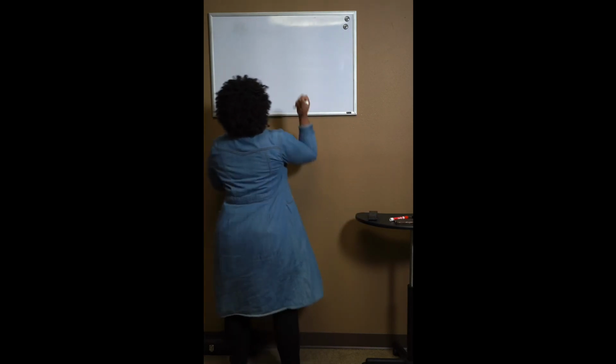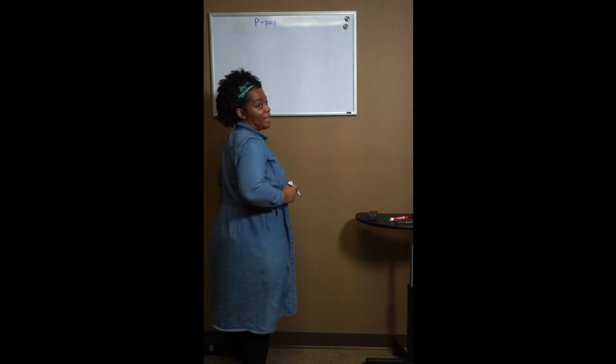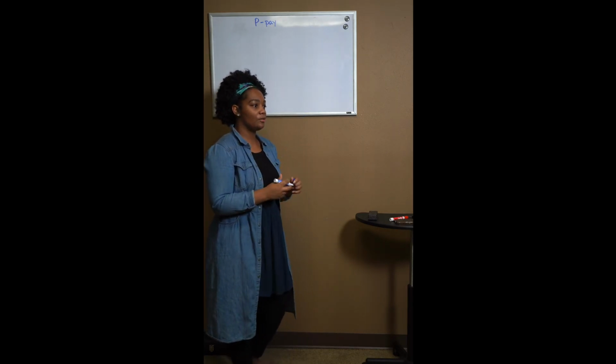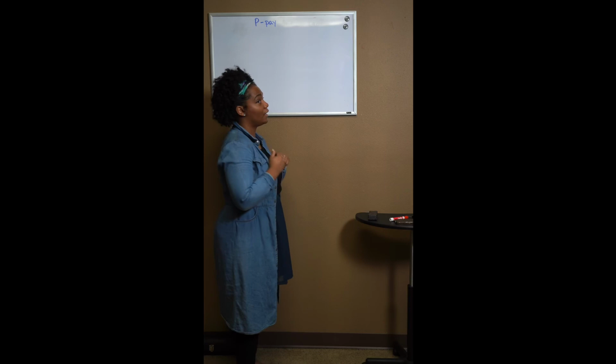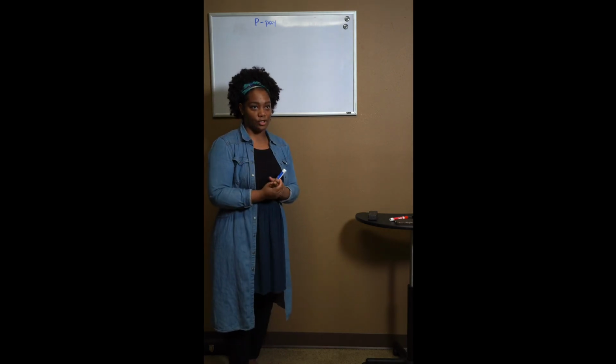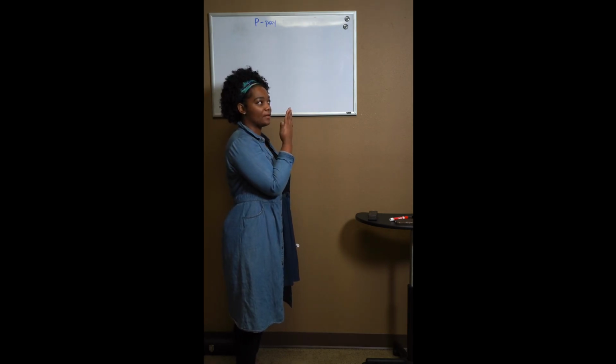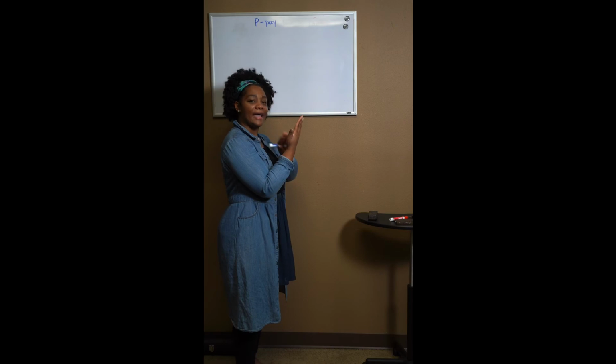Okay, next we have pe. Something I want you to notice about Spanish, just in general, is that it's not as airy as English is. So when we say P, put your hand in front of your face, say P, right? You feel that air, right?